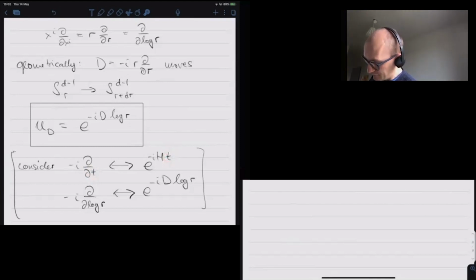So what we have here is d by d log r. So log r must come here. So time becomes log r. And then the operator that implements this is the dilatation operator because it's r d by dr here. So it's precisely the dilatation operator times log r that gets you from one sphere to a sphere of just larger size.